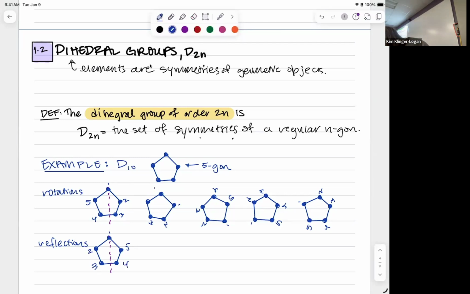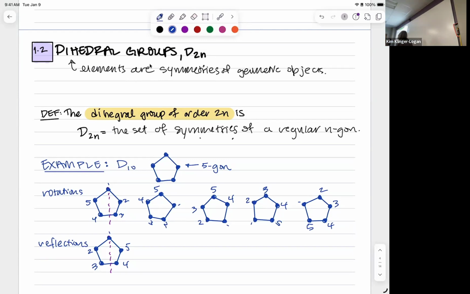You should probably relabel these so they're legible. Great. So this gives me one reflection, right?